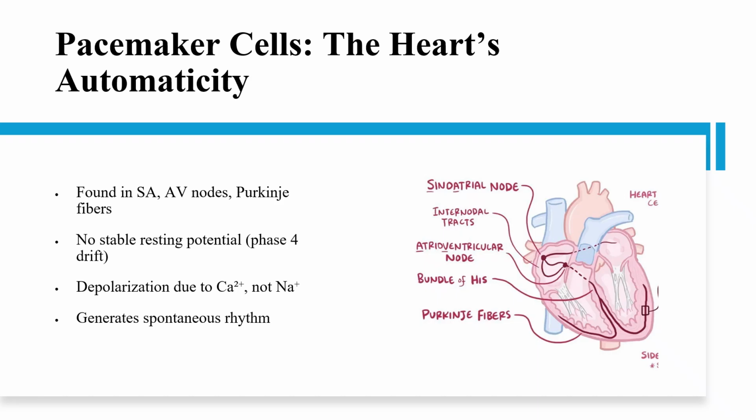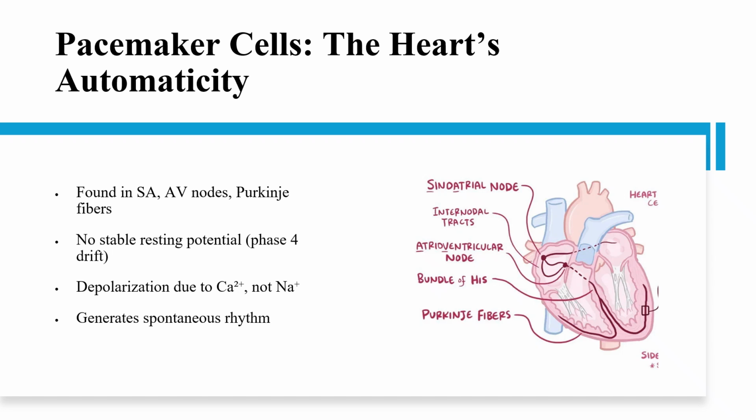Once the threshold is reached, phase 0 depolarization occurs. But unlike contractile cells, this upstroke is caused by calcium influx through L-type channels, not sodium. This is why pacemaker action potentials are slower and less steep than those of ventricular muscle, but they are perfectly suited for their rhythmic role.